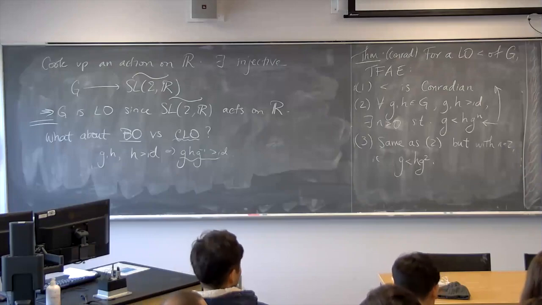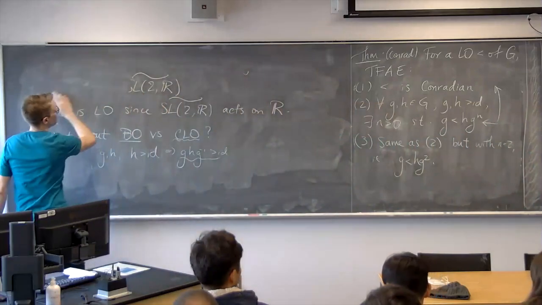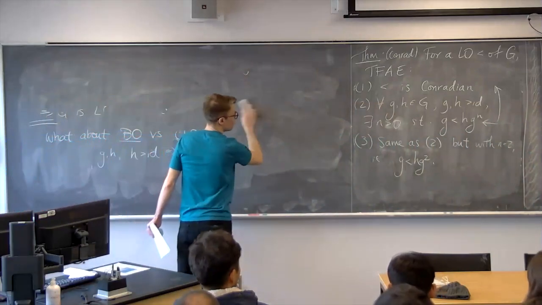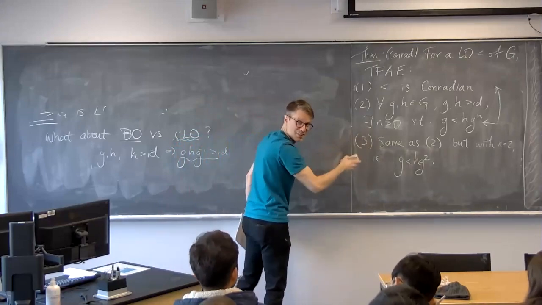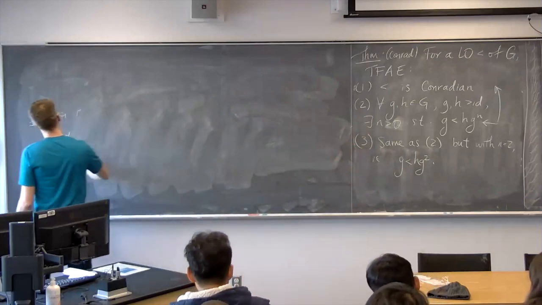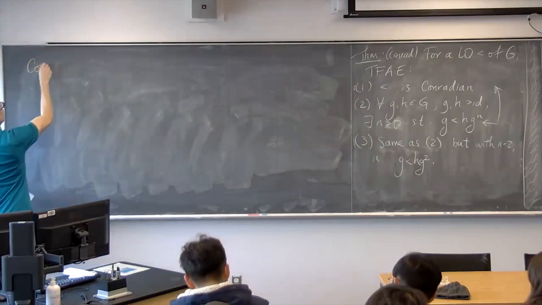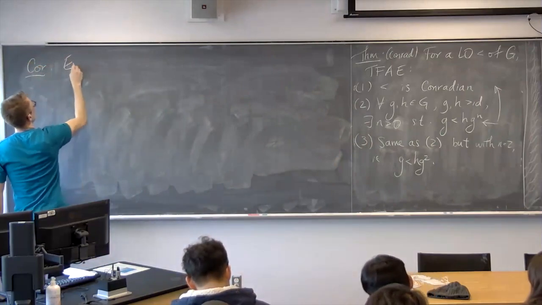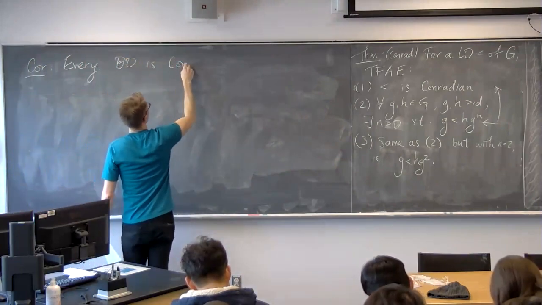Okay, so now what I want to say is that from this, and this is why I didn't want to change that, I want to be able to say for bi-orders, we know the relationship now because of that result. So a corollary is that every bi-order is Conradian.